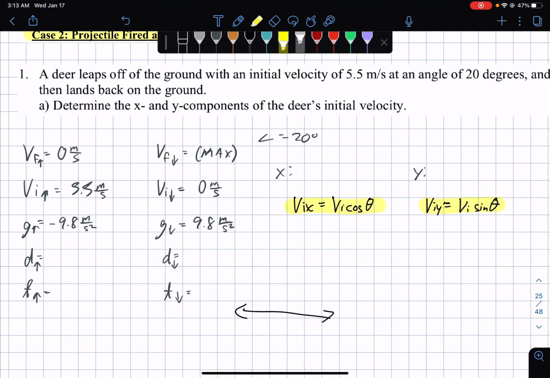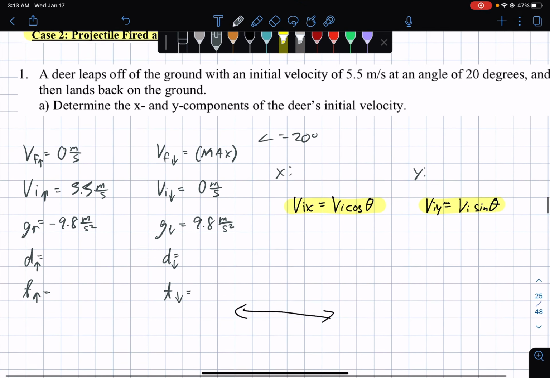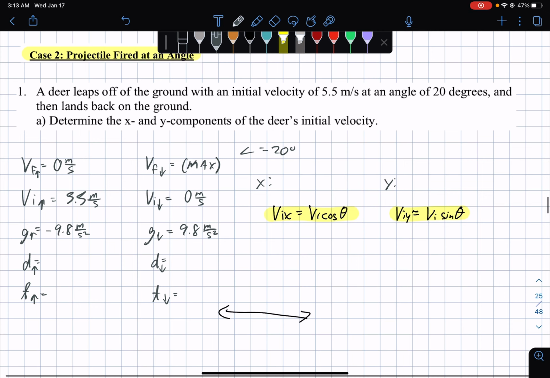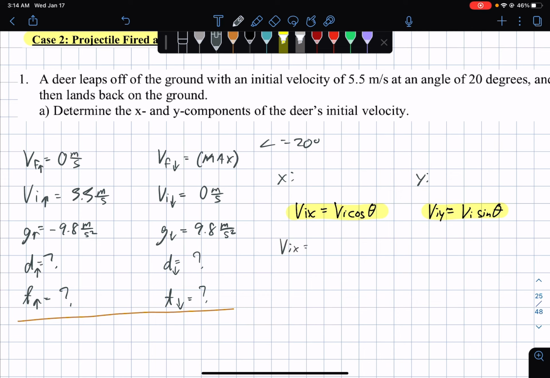Okay. So from there, we don't know the distance and the time. We'll leave it blank for now. But in the meantime, let's look for the x and y components. Vix is equal to Vi.